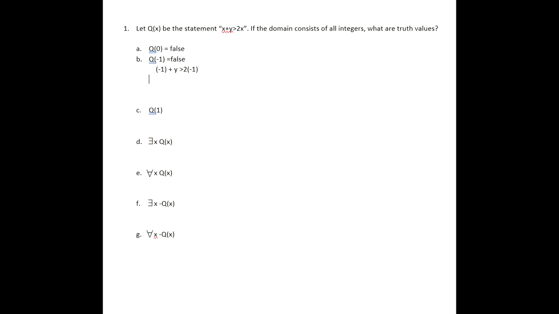So negative 1 plus y. So wala may value si y nato dra. So i-copy lang nato ni. Then diri asa ta magkuha. So 2 times negative 1 is negative 2.